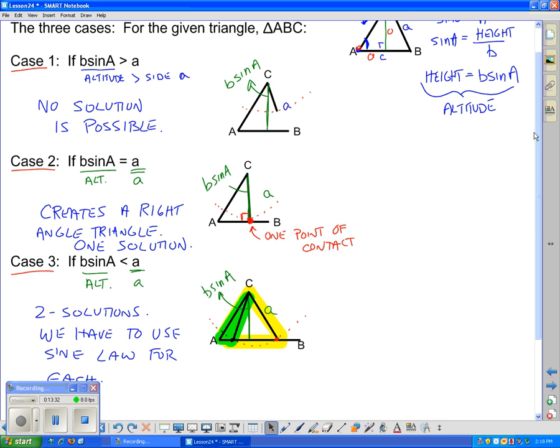When we go through the examples, we're going to be doing this test, this check, every time. We're going to decide which situation it is: no solution, one solution, or two solutions. And from there, we're able to solve the triangle. So the last video is just going to be doing examples dealing with this.